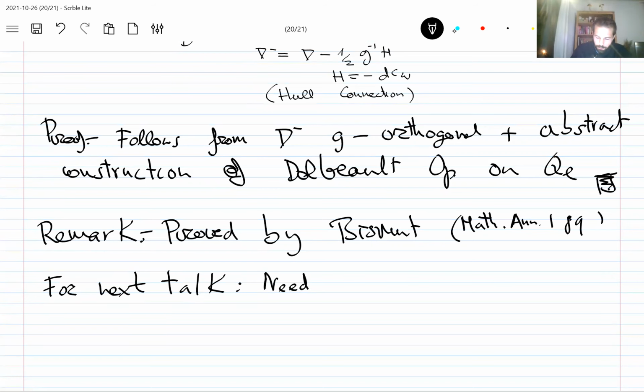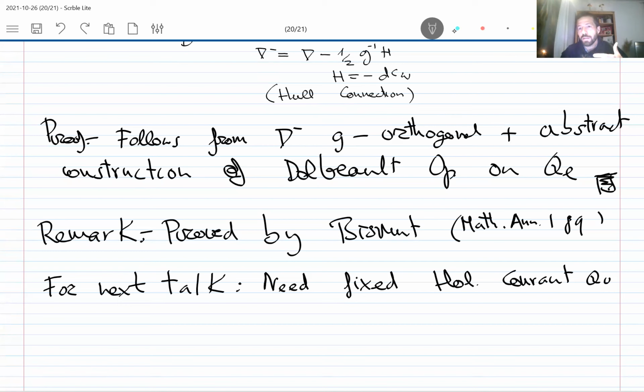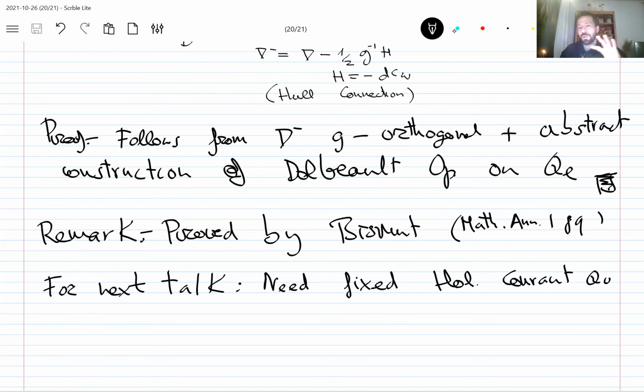We need a fixed holomorphic Courant algebroid Q naught. And because we need this background Q naught, it is important to define generalized Hermitian metrics which are not related to the given Q. So it is important to unrelate the generalized metric to the holomorphic Courant algebroid it lives with. Okay.